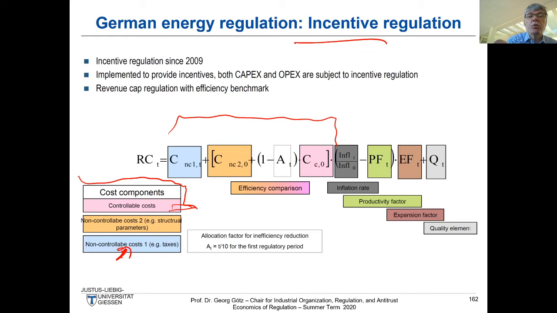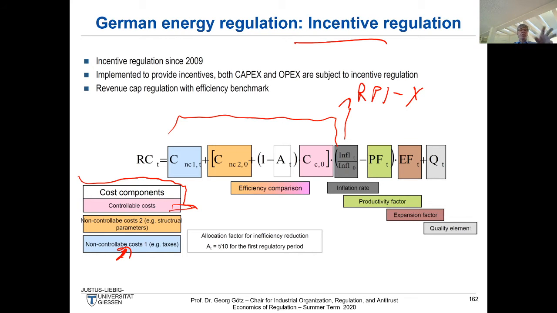But then you would also have the more modern parts, which are dating from price cap regulation, like here the inflation rate, which would be known from the price cap regulation with the RPI, the retail price index, which is nothing else than the inflation rate, and the productivity factor would be nothing other than the factor X we are going to discuss later.